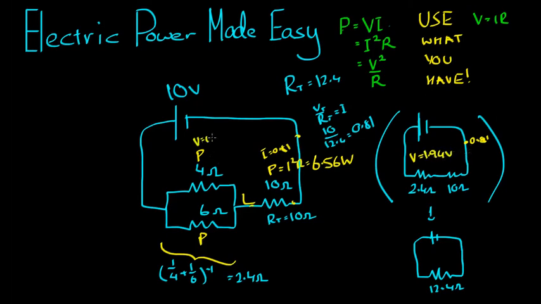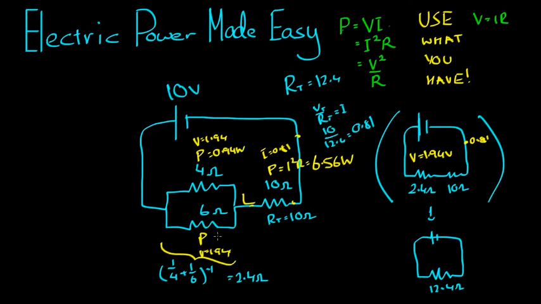And that must be across both these. So since we now know resistance and voltage, we can apply this formula here. 1.94 squared divided by 4 is equal to 0.94 watts.